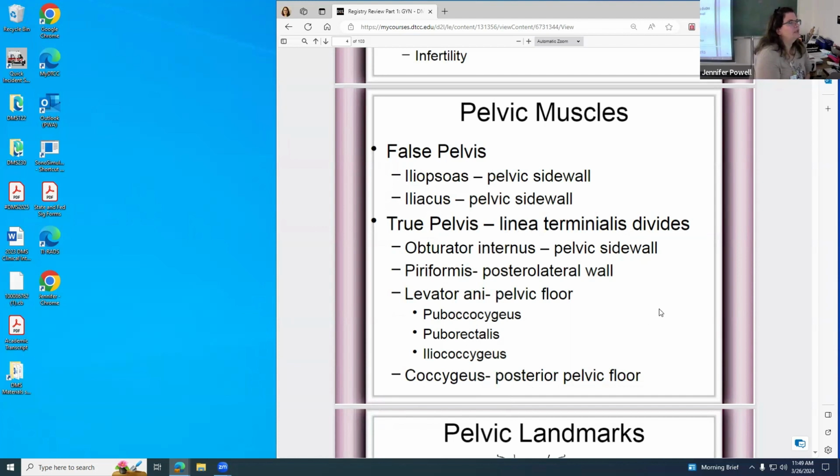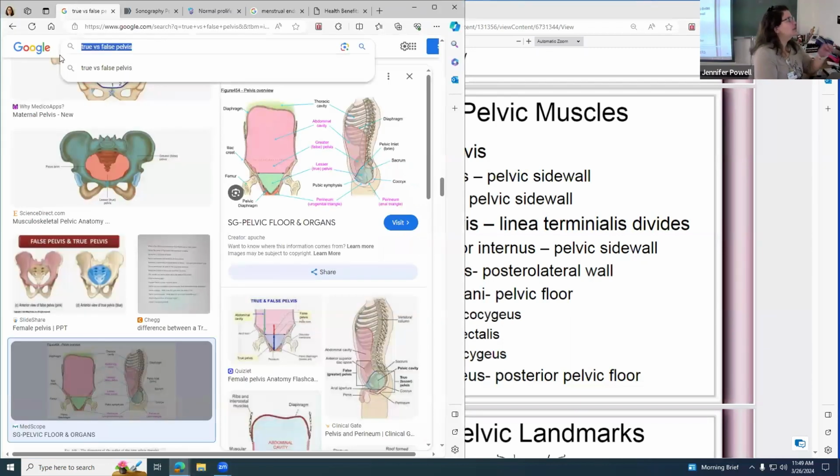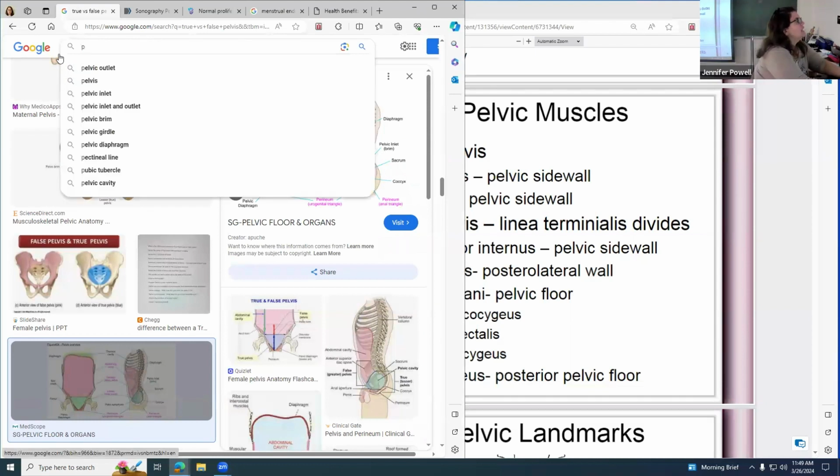So we kind of quickly went over those, but obturator internus makes up the pelvic sidewall. Piriformis makes up the posterior lateral wall, which makes sense because it's in the back to the side. And I'll tell you, when you get old and you start to walk, sometimes that piriformis muscle can ache.